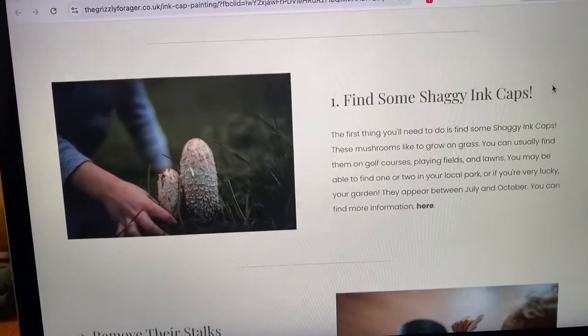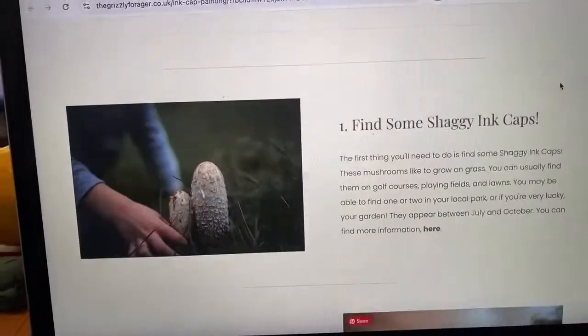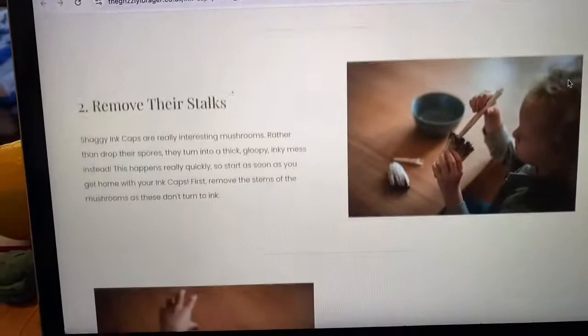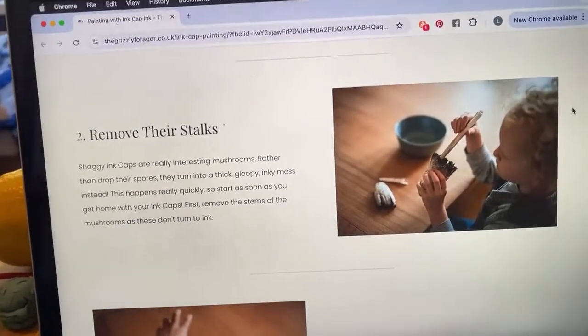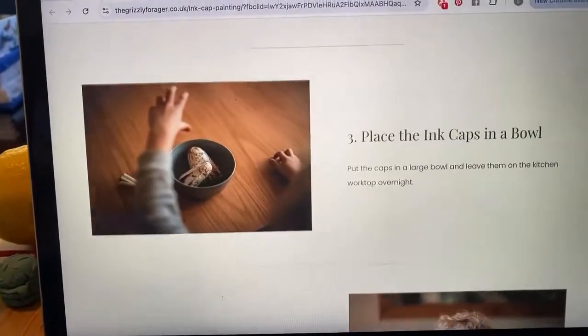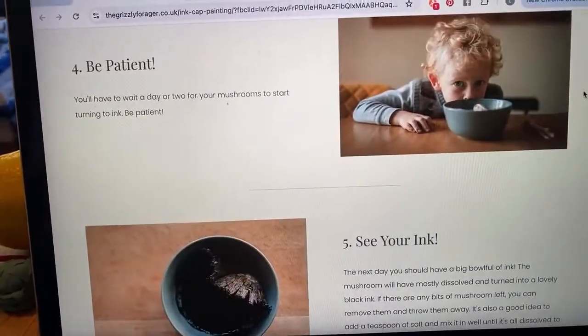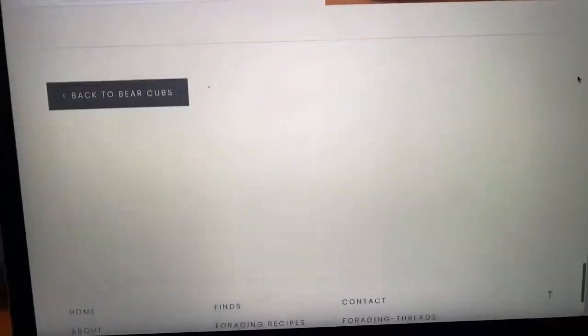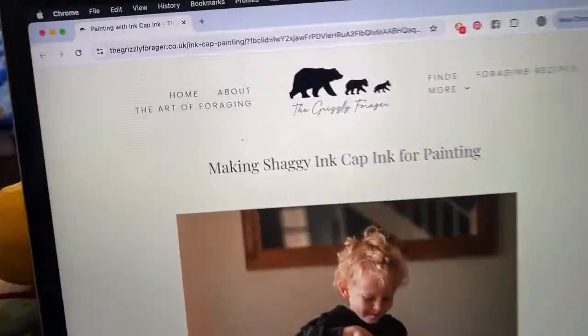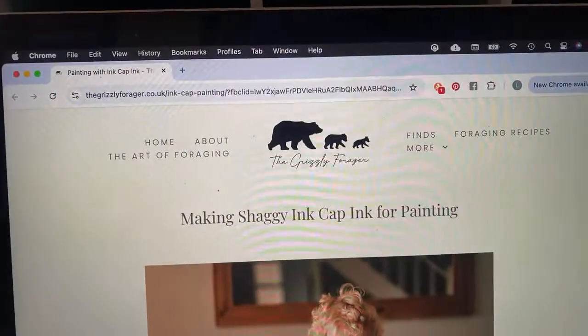Oh, so there you go. Yeah, pick the big ones, I think, is generally the way forward. If you're going to pick one, just pick one and pick the biggest one to leave the little ones to grow. Wow. Cool. Oh my goodness. Don't stick your nose in it, dude. Honestly. Well, yeah, that's fascinating. I'm sure a lot of people will want to go to that website. There you go. The grizzlyforager.co.uk, everybody.